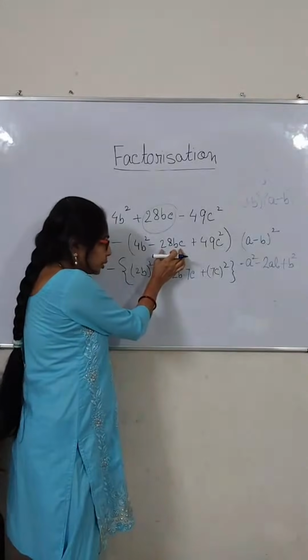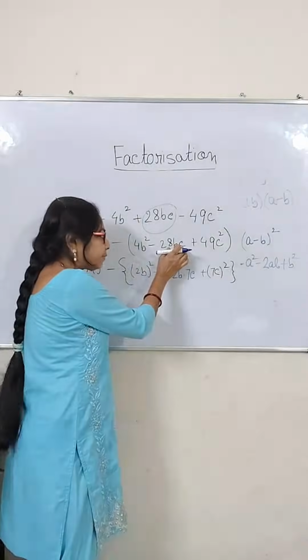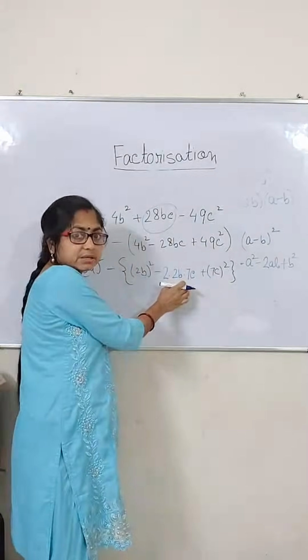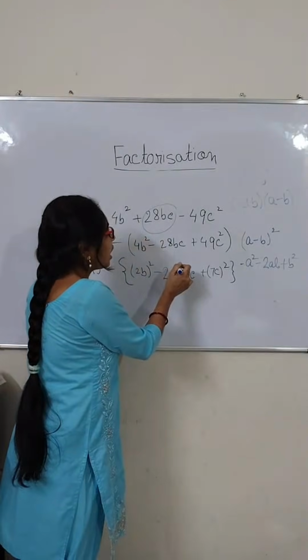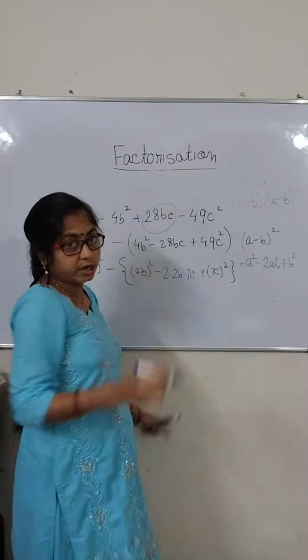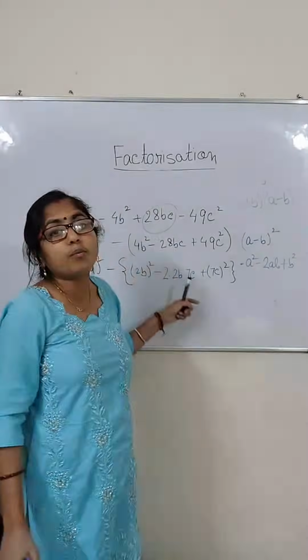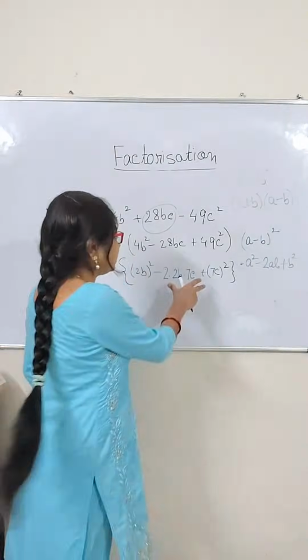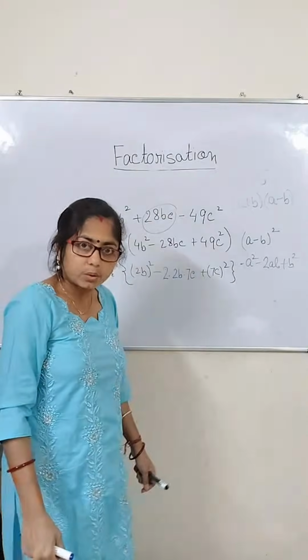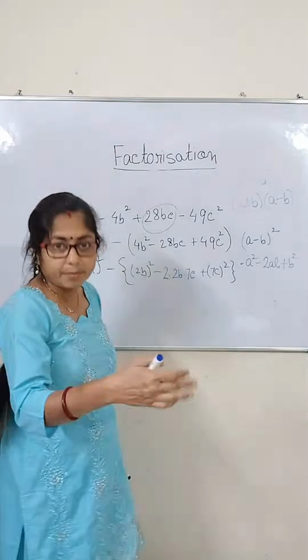Now you check one thing. Here there is 28bc. You first calculate it: 2 times 2 is 4, and 4 times 7 is 28bc. If these two parts are the same, then you understand this part is okay. It is called a back calculation.